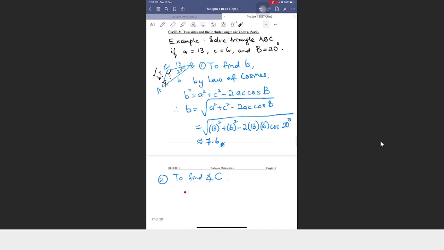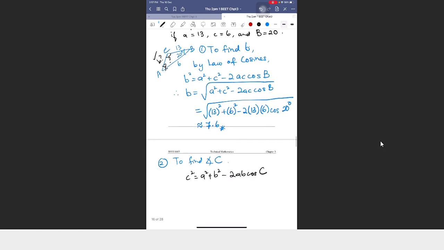Then you have to rearrange: bring your minus 2AB cosine C to the left hand side, and C squared to the right hand side. That means you have something like this.